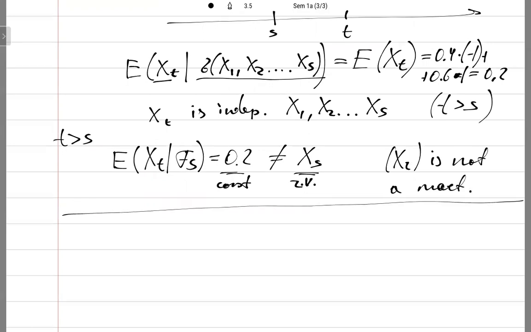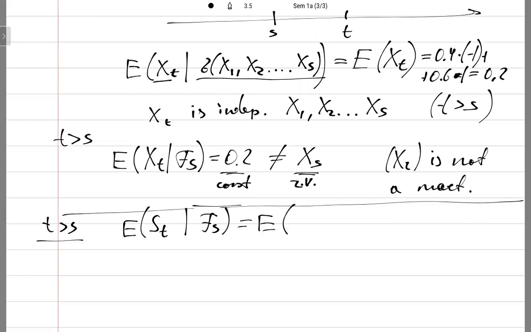The same question about St. I need to calculate the expected value of St given Fs. Let's imagine once again t is greater than s.